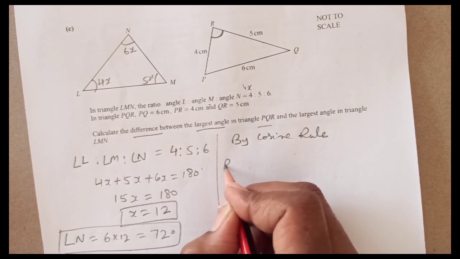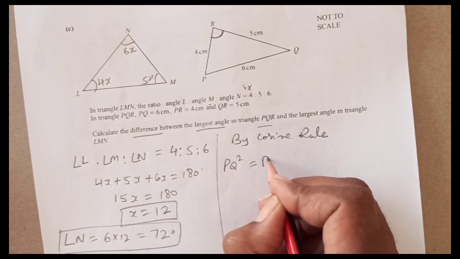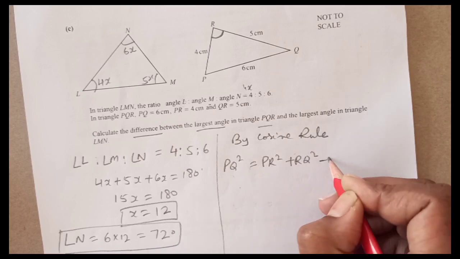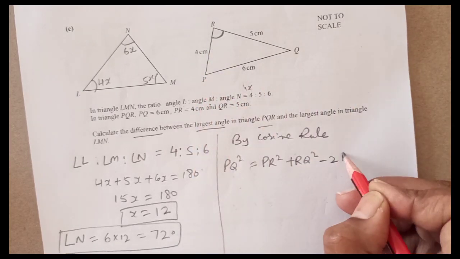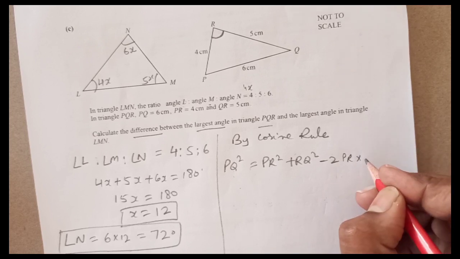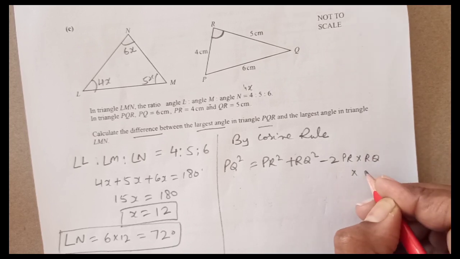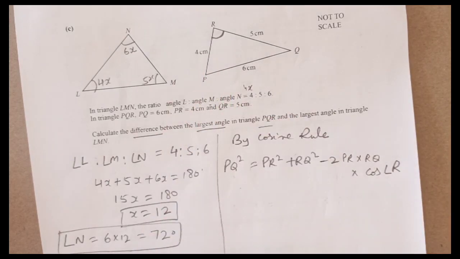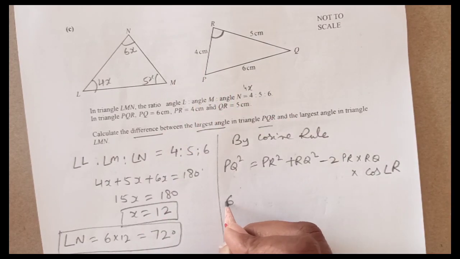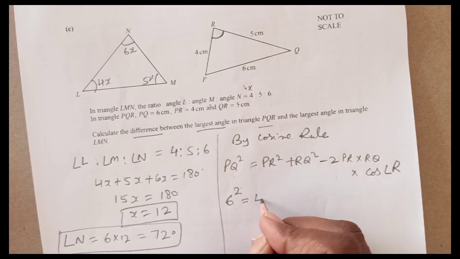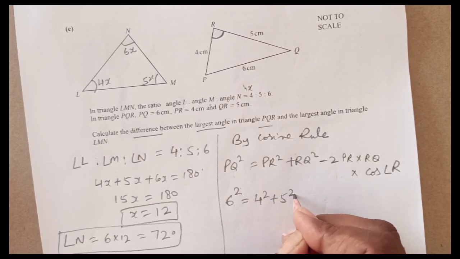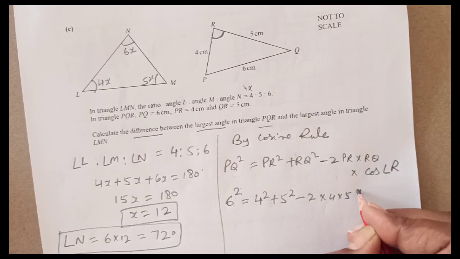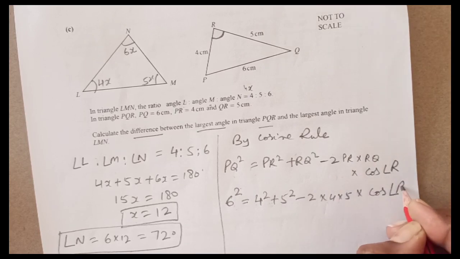So PQ squared is equal to PR squared plus RQ squared minus 2 PR times RQ times cos of angle R, because we are looking for angle R here. So PQ is 6 squared, PR is 4 squared, RQ is 5 squared, minus 2 times 4 times 5 times cos of angle R, right?